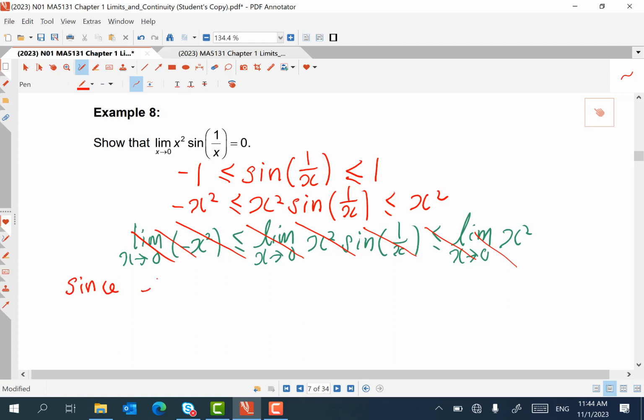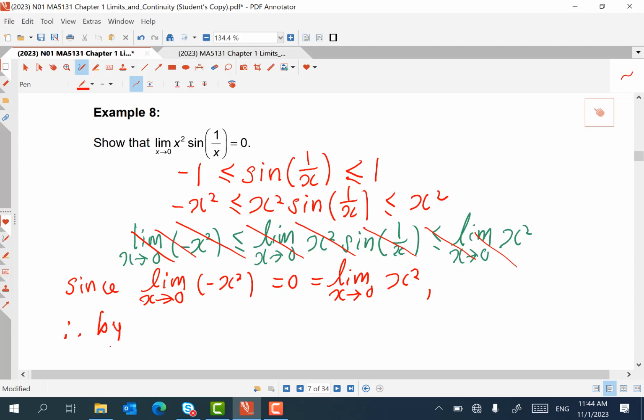So what you should do is to say, since the limit as x goes towards 0 of minus x squared is 0, equals the limit as x goes towards 0 of x squared.